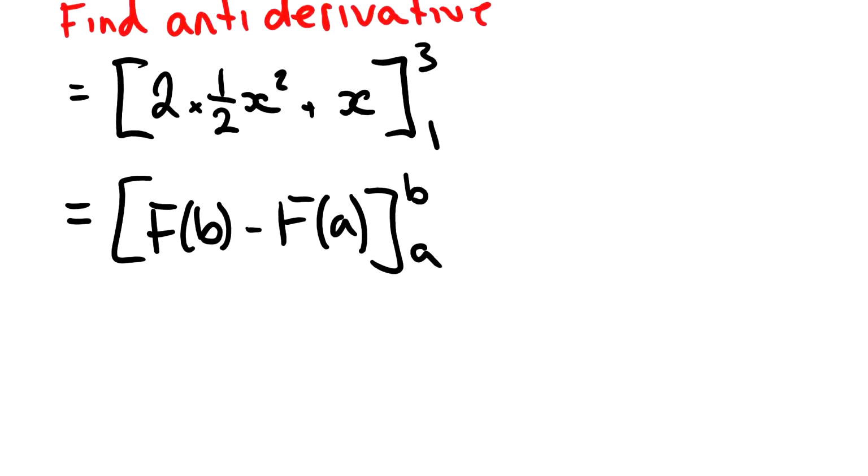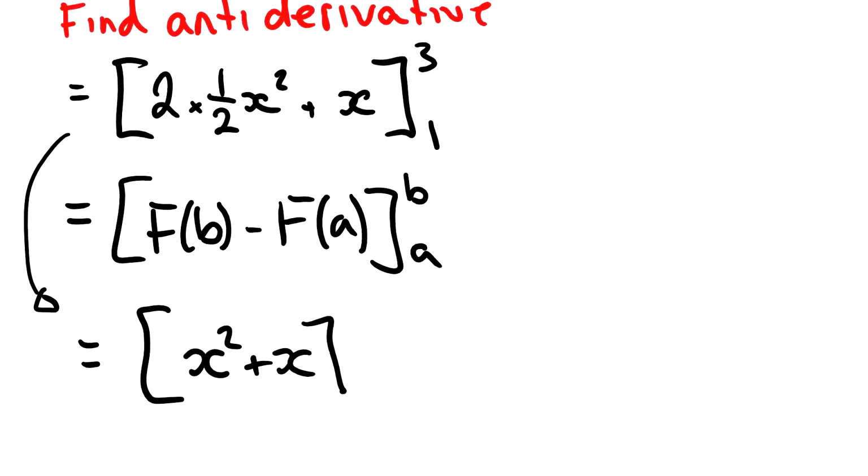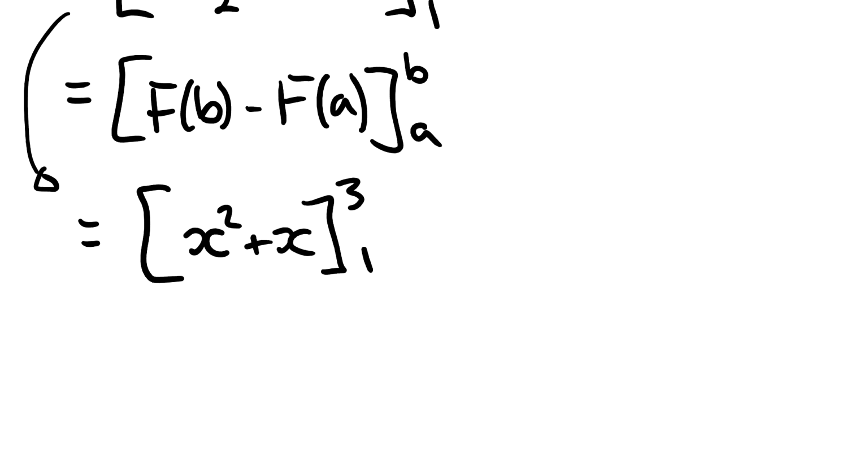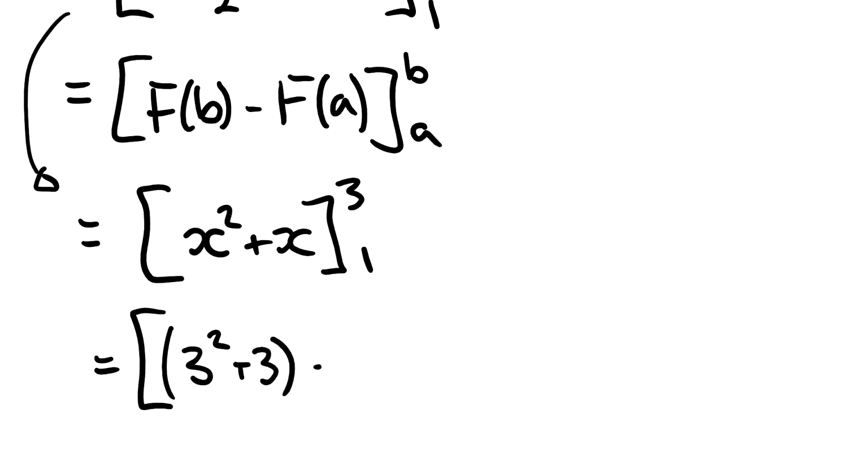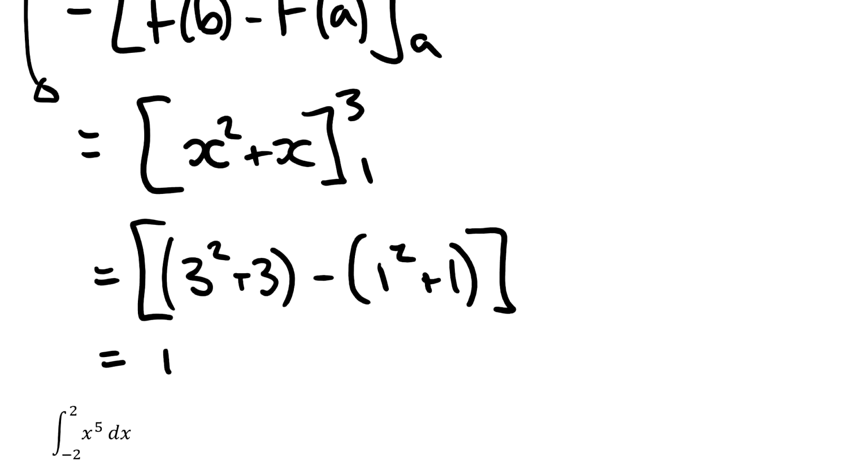I will simplify this, which I should have done first. 2 times a half is just 1, so we get x squared plus x, from 1 to 3. All right, and now we can continue. So what I'm going to do is substitute in my 3, so we get 3 squared plus 3 minus our substituted 1 value, so 1 squared plus 1. You can put that in your calculator and you end up with 10.